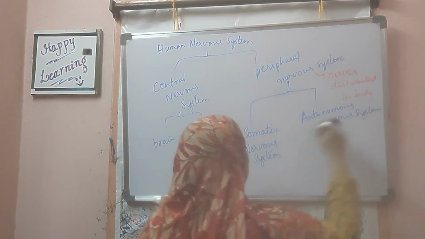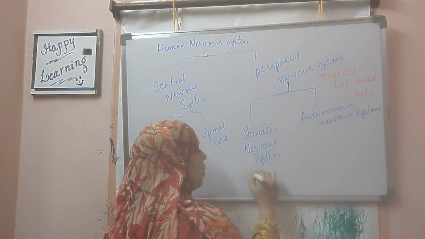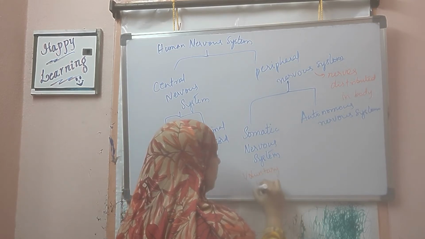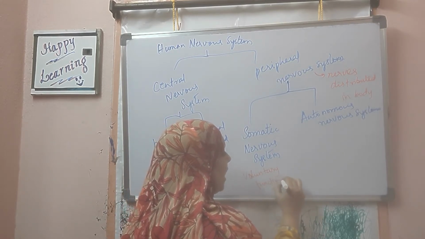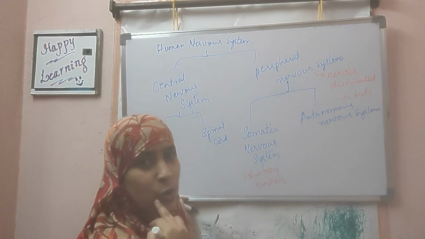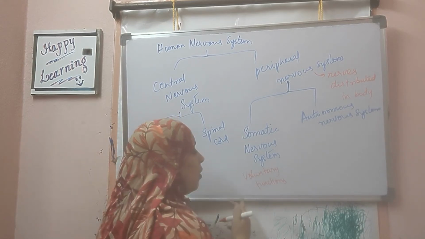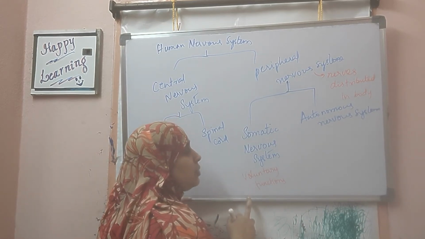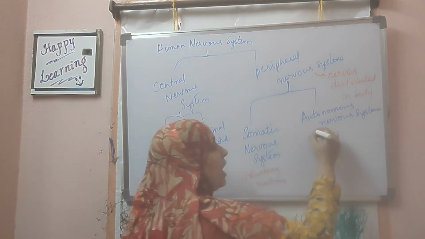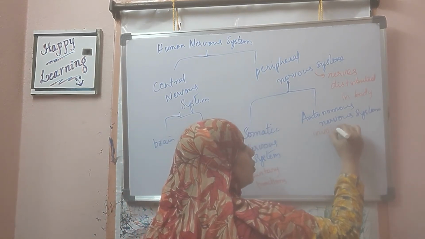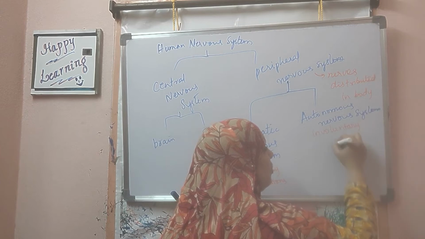The somatic system controls voluntary functions of our body, like moving hands and legs, and we are able to move our lower jaw. These all come under voluntary functions. The nerves that are distributed here are somatic nerves.